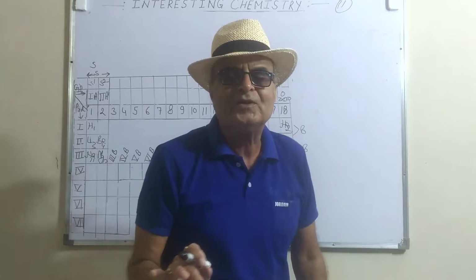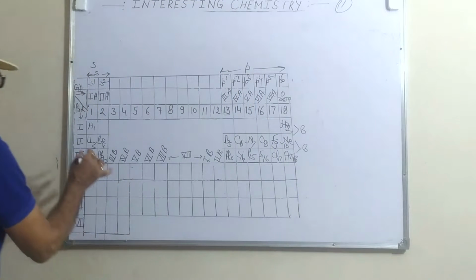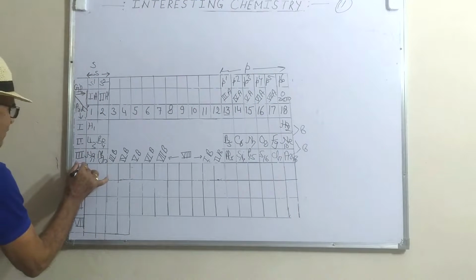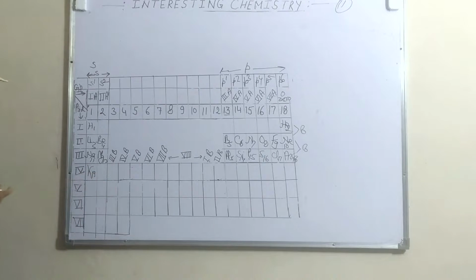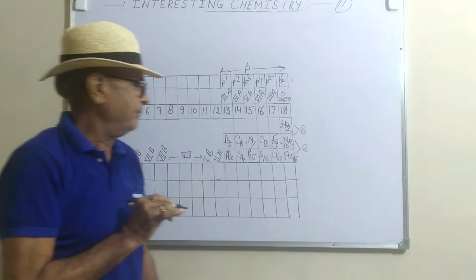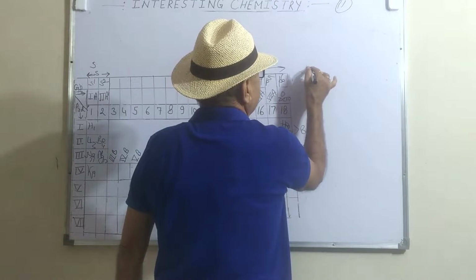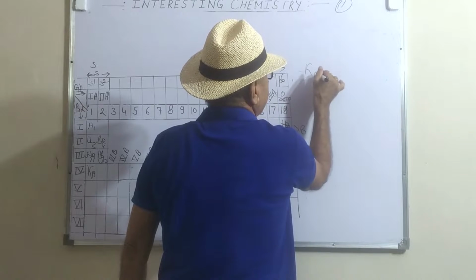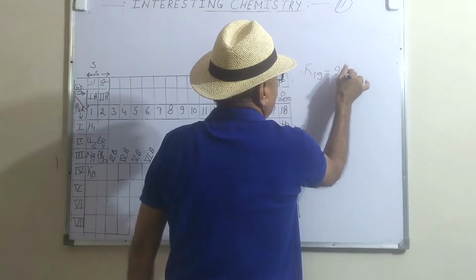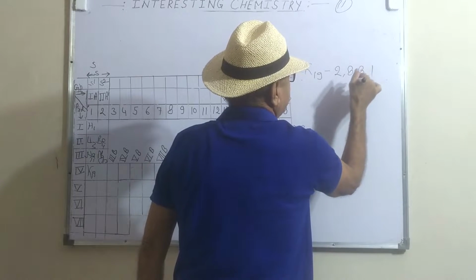Now I am going to the fourth period. Which one? Lithium, sodium, potassium. This is number 19, potassium. You will write here potassium 19, 2, 8, 8 and 1.